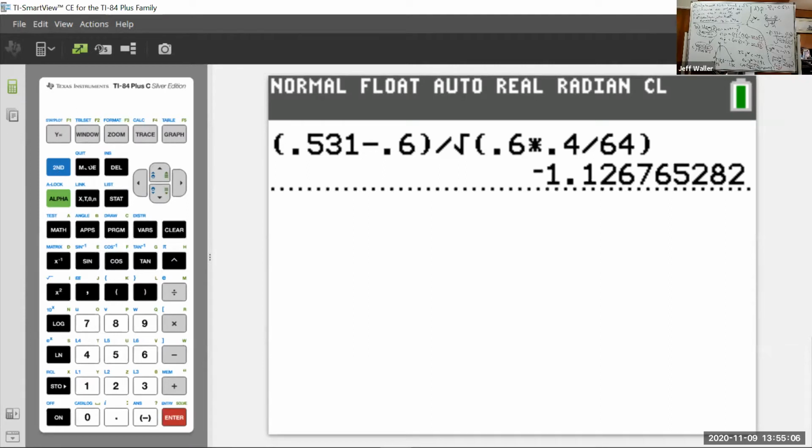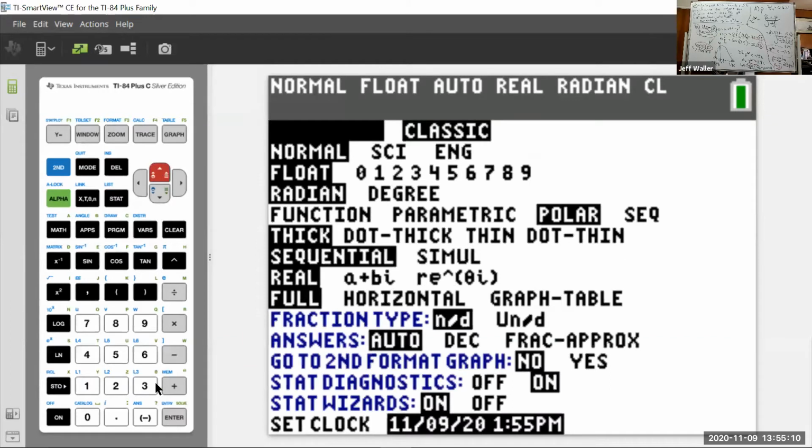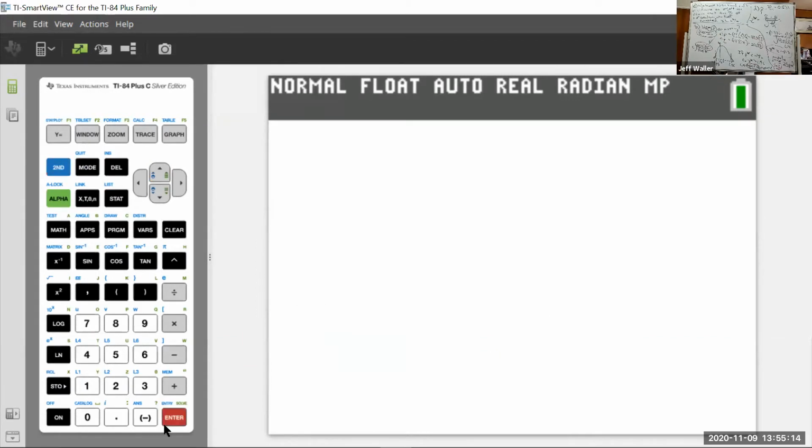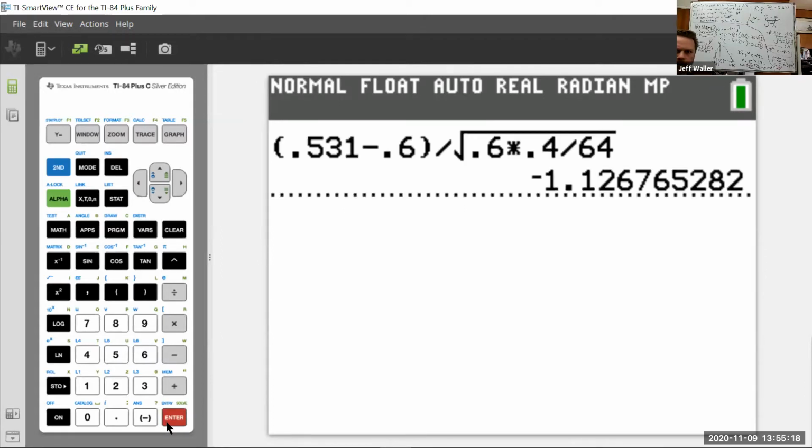And of course, if you have the newer math print kind of thing, then the square root sign gets bigger. It's a little bit easier to see that it's all there. Okay, thanks. You're welcome.